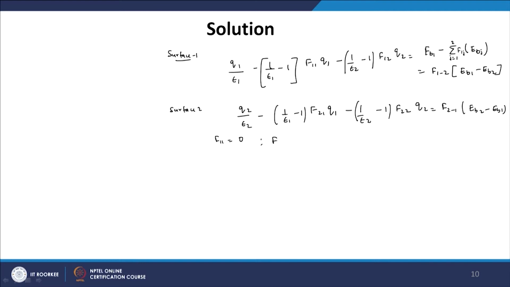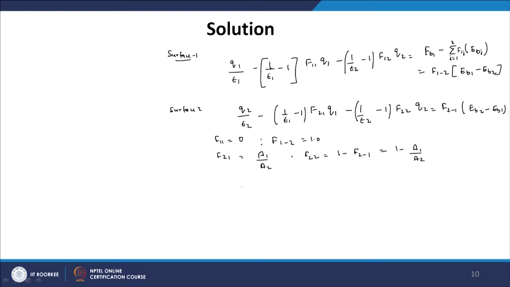F 1 2 is going to be 1, then F 2 1 is equal to A1 by A2. This is from the tables. So, we can easily calculate the view factors. F 2 1 is A1 by A2 and F 2 2 is equal to 1 minus A1 by A2. Okay. So, this is how we have calculated the view factors.